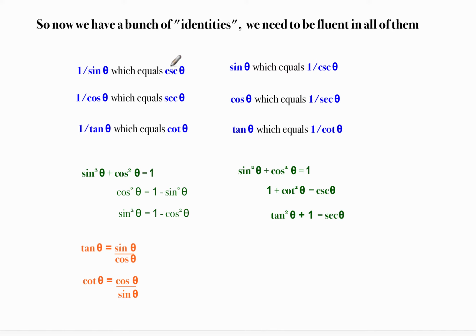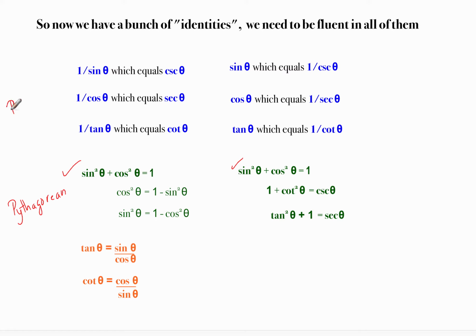1 over sine equals cosecant, sine equals 1 over cosecant. And then here are our trig identities down here. Notice this one, sine squared plus cosine squared equals 1. This is where I stay and I just manipulate. Here is where I divide through. So these are called our Pythagorean identities because they're all off the Pythagorean theorem.